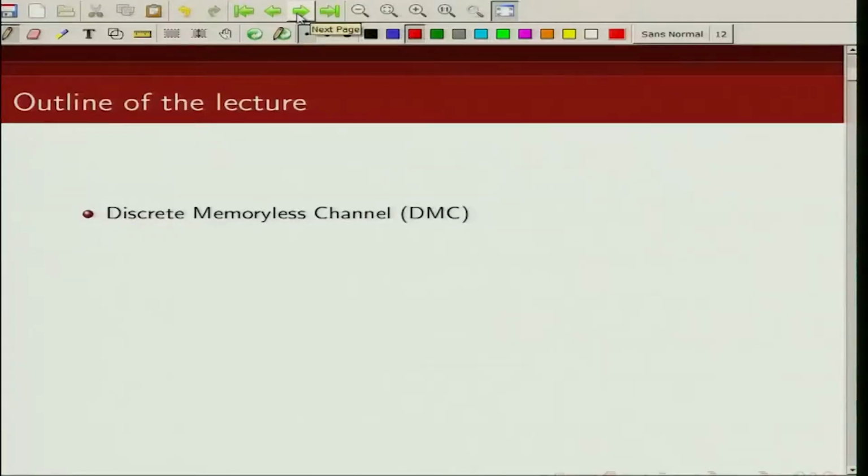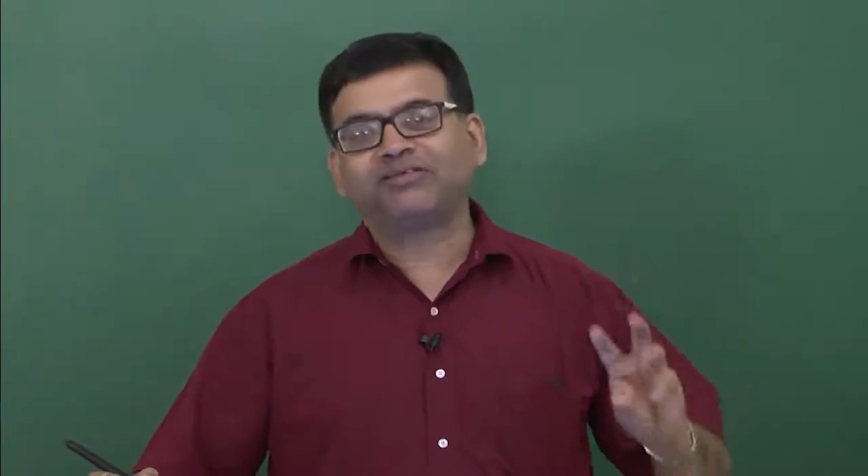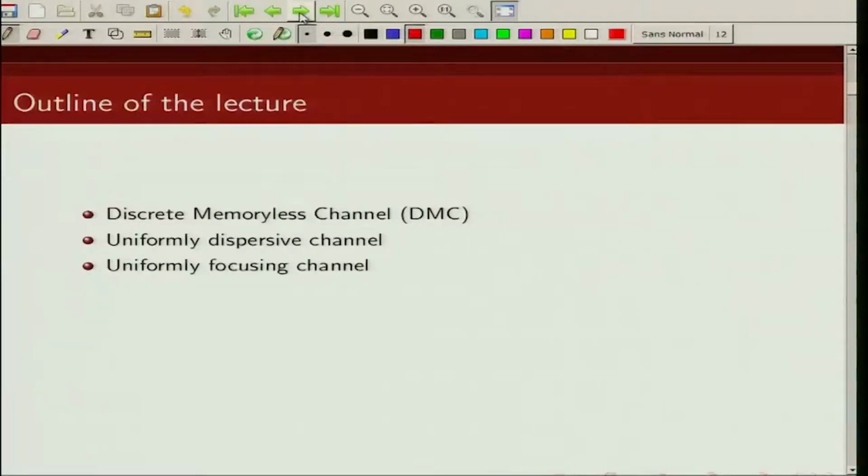We are looking at discrete memoryless channels, and we'll try to compute capacity of those simple channels. So we'll start off with a description of a discrete memoryless channel, and then we'll describe two types of channel. One is called uniformly dispersive channel, and the other is called uniformly focusing channel.